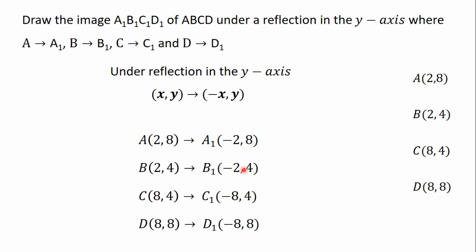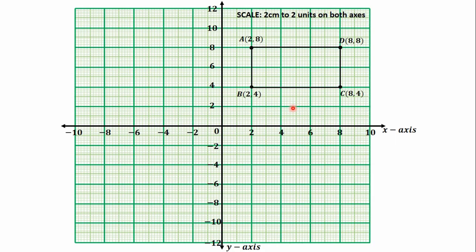So we now have the coordinates of A1, B1, C1, D1. We can plot them on the graph sheet and join them to get the image rectangle A1, B1, C1, D1. Let's do that. At this point, we already have rectangle ABCD on the graph sheet. A1 has the coordinates -2, 8. So -2 on the x-axis, 8 on the y-axis. You have that here.